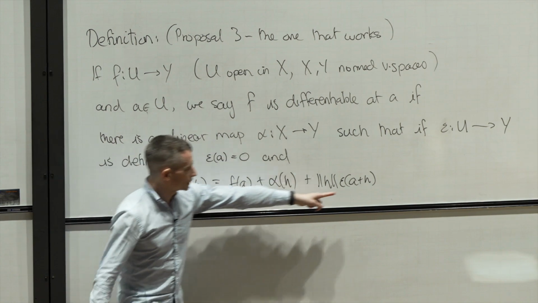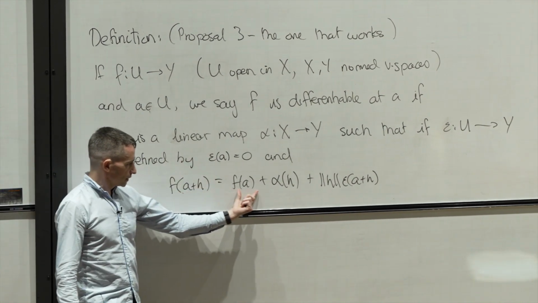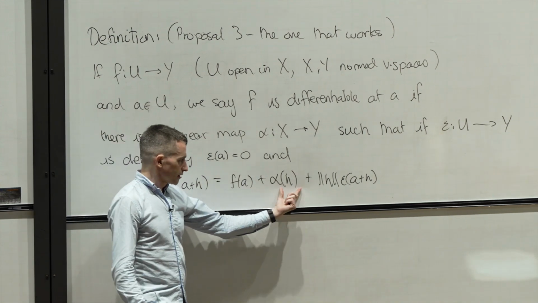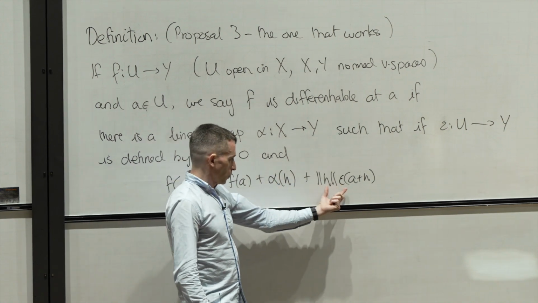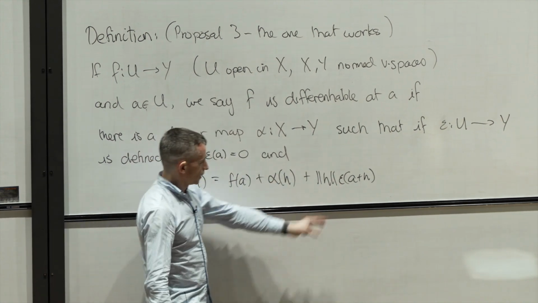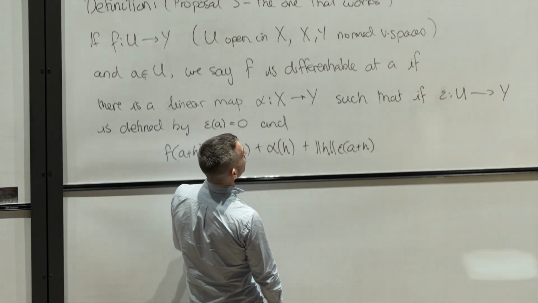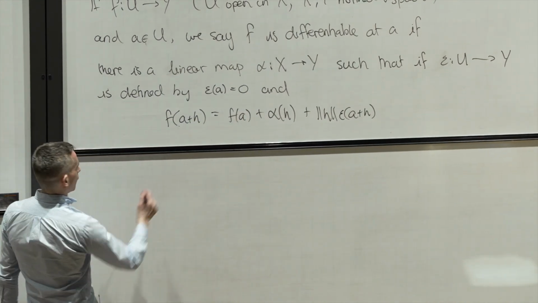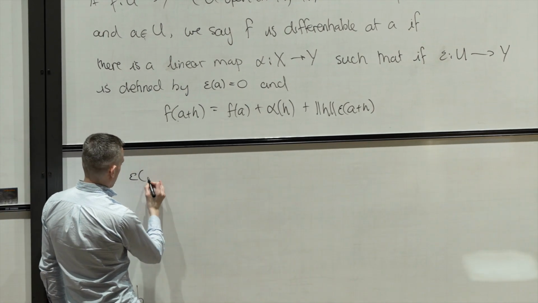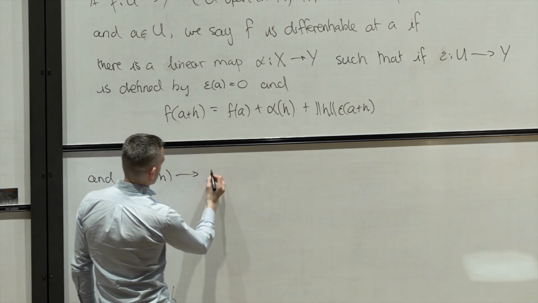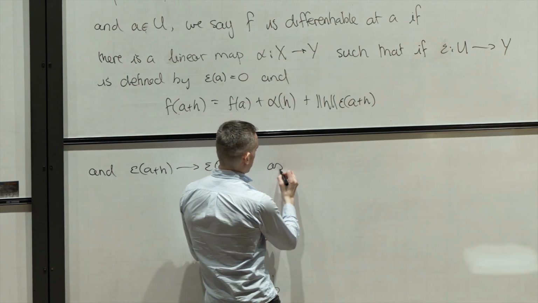Okay, so all of this expression is just saying take f of a plus h, subtract f of a, subtract off the linear approximation that's supposed to be our derivative. That gives you some vector. That vector should go to 0. And then I need to finish off my sentence: and epsilon of a plus h tends to epsilon of a, which is 0, as h goes to 0.